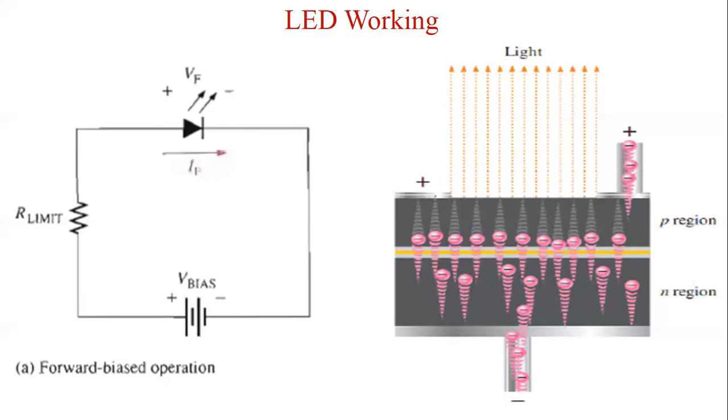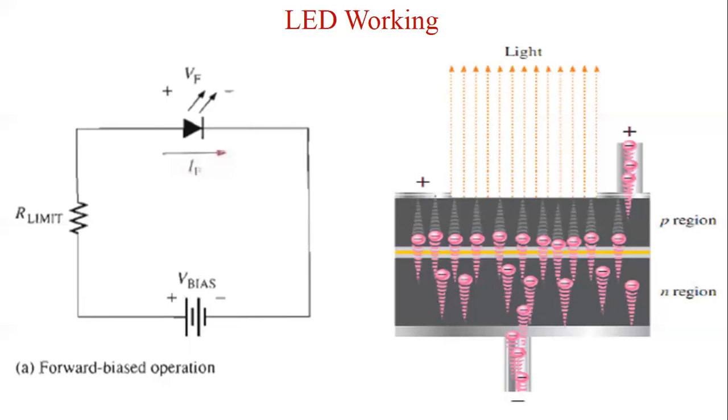As soon as recombination happens at the junction, the extra energy they gained after applying the voltage is emitted by those carriers during recombination.